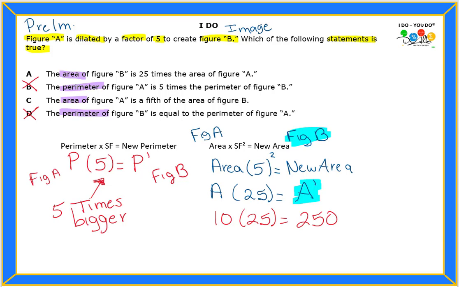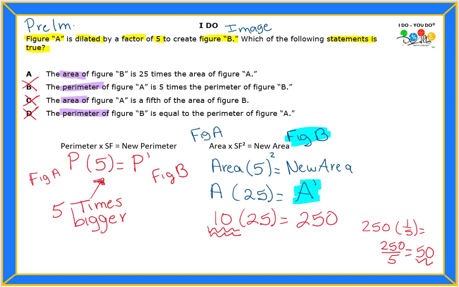So letter C says the area of figure A, which is this one, is a fifth of the area of 250. So we're going to multiply 250 times 1/5. That means you're basically dividing 250 by 5. So what do we get if you divide those numbers? We get 50, and this 50 is not the same number that we have here. So that's how I know that my letter C is not right.